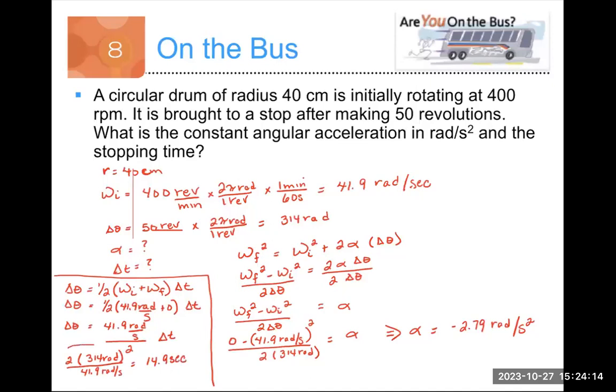Let me put this little line because this quantity is not squared. That 2 right here is the 2 from this 1/2 when I moved it. So it's not that it's 314 squared. I don't want you to be confused. So 14.9 seconds equals our delta t. This is the answer for the time, and this is the answer for our acceleration, our alpha. Okay, let's do one more.